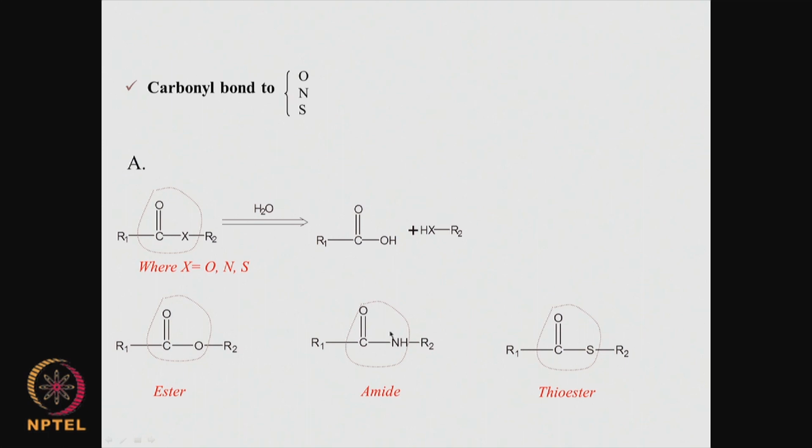So these bonds are easily hydrolyzable, that means water can react with them, maybe with a little bit of acid, or if you have some enzymes, it can generate acid like this. Okay. So if you have polymers which have backbones like this, or linkers with this type of setup, they can get hydrolyzed and degrade slowly over a period of time. So ester bonds, amide bonds, thioester bonds can degrade if the polymer backbone has these types of bonds.